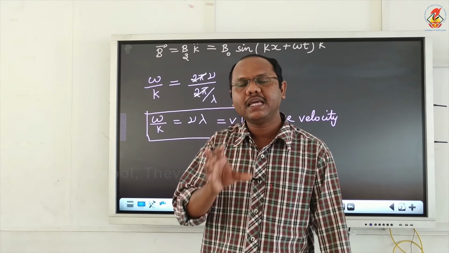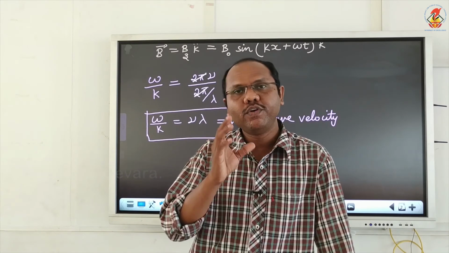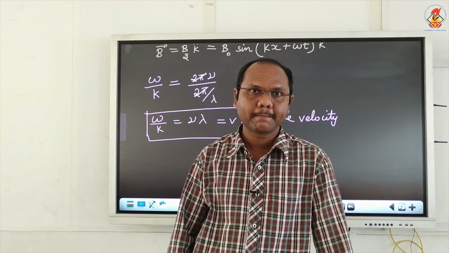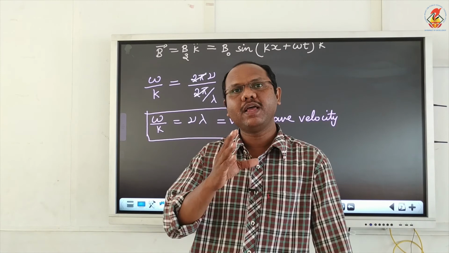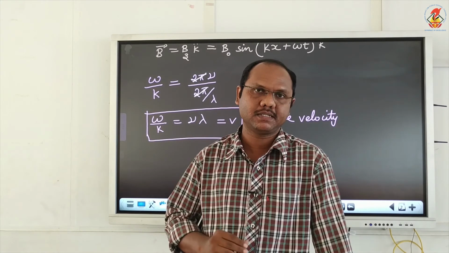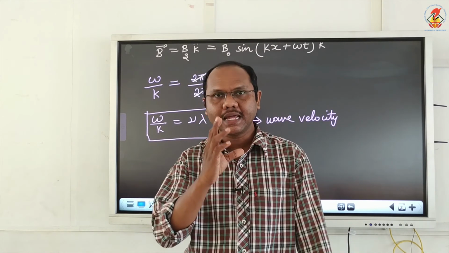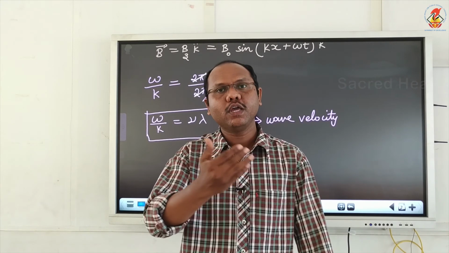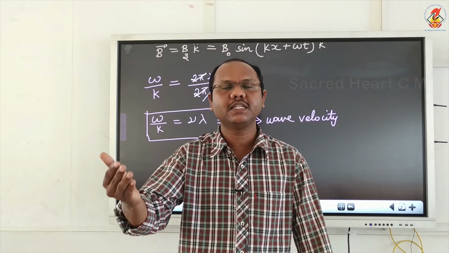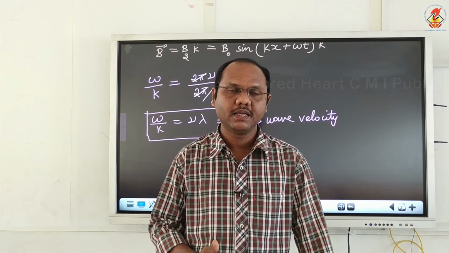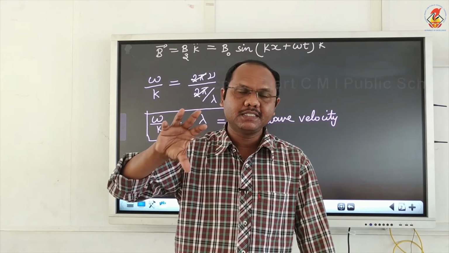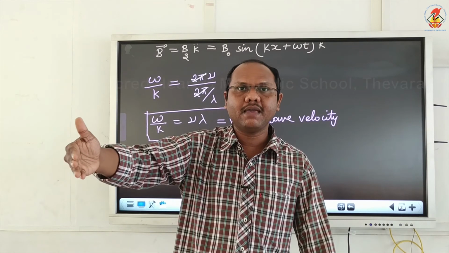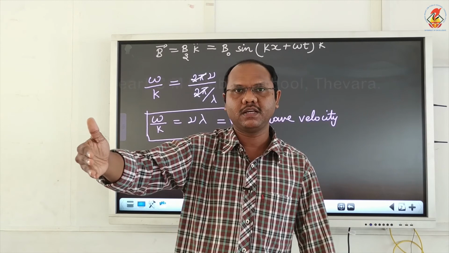That variation in the electric field will produce a variation in the magnetic field. So one will act as a source of the other, because when the electric field varies, that variation produces a change in the magnetic field. That change in magnetic field will again produce a variation in the electric field.